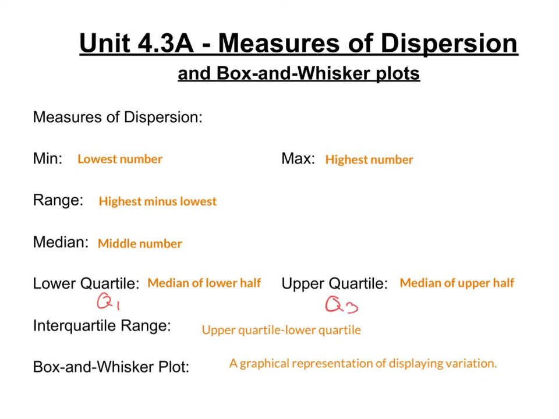And then what we're going to talk about is your interquartile range, which would be the upper quartile minus the lower quartile. And then lastly, we're going to put all these into a box and whisker plot, which is a graphical representation of displaying variation.